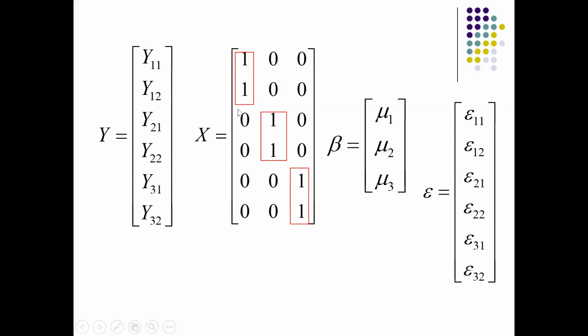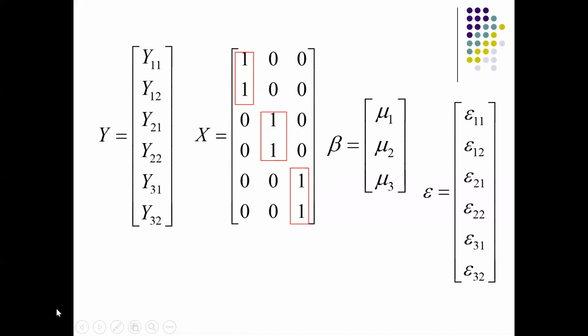And so now our vector of outcomes is, okay, the first entry, the first patient in treatment 1, the second patient in treatment 1, the first patient in treatment 2, the second patient in treatment 2, the first patient in treatment 3, and the second patient in treatment 3.